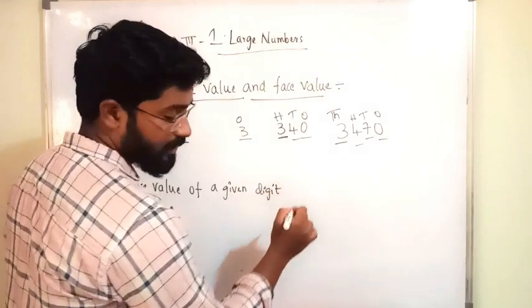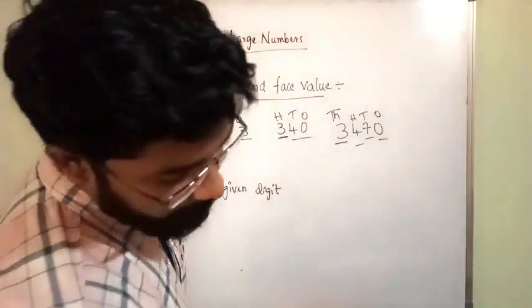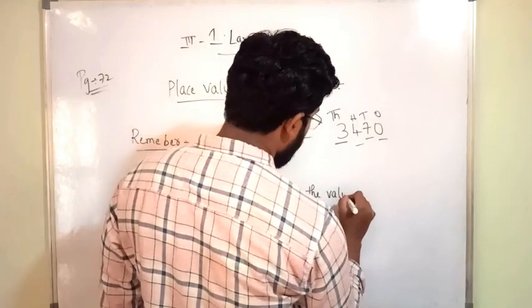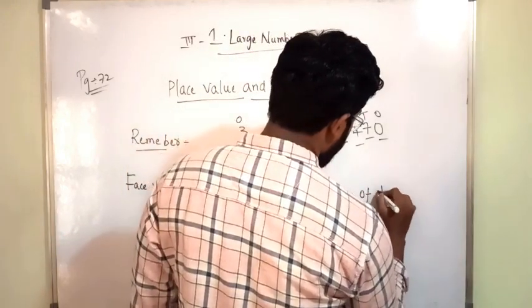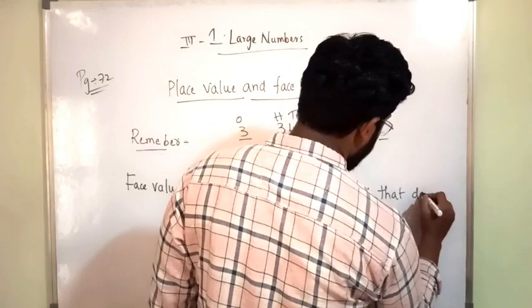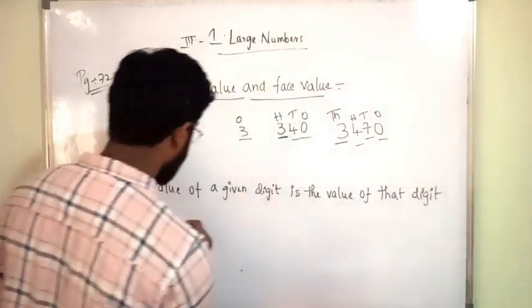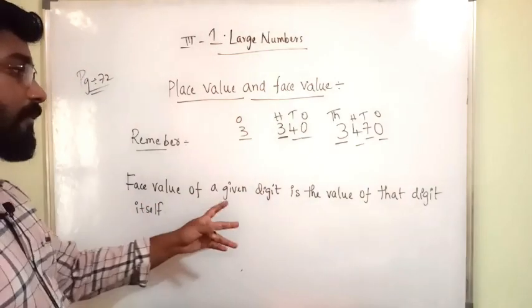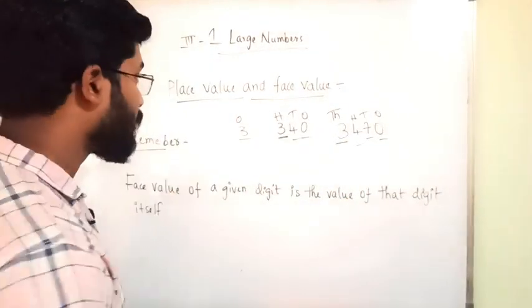Face value of a given digit is the value of that digit itself. Clear? Face value of a given digit is the value of that digit.